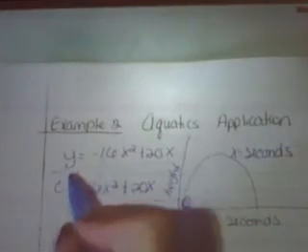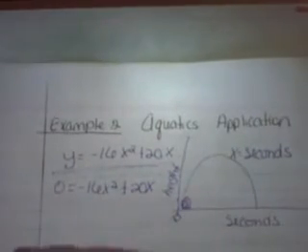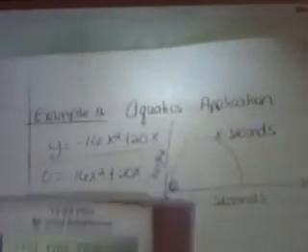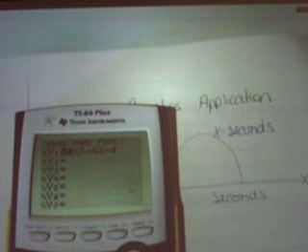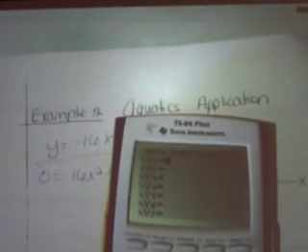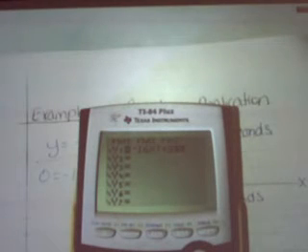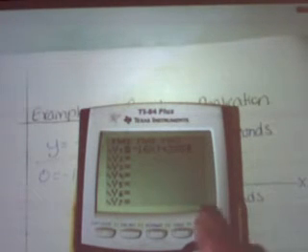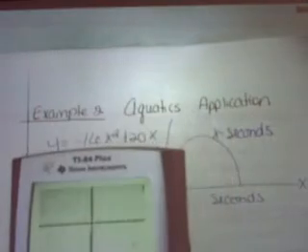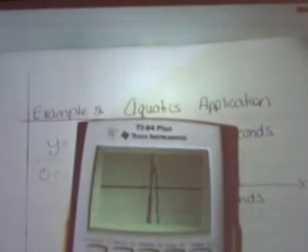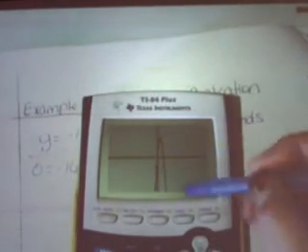So we're going to graph our function. Try to do this where you can see it. Our function is negative 16x squared plus 20x, and I'm going to graph it. We get this very narrow parabola.